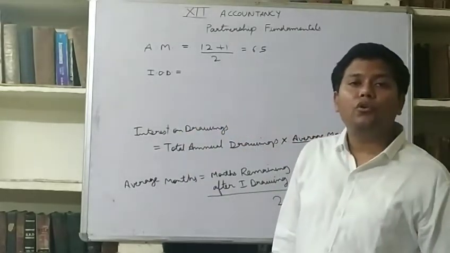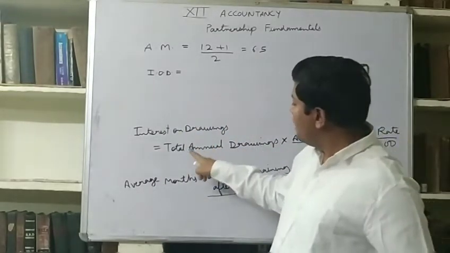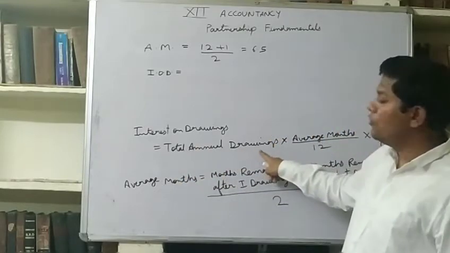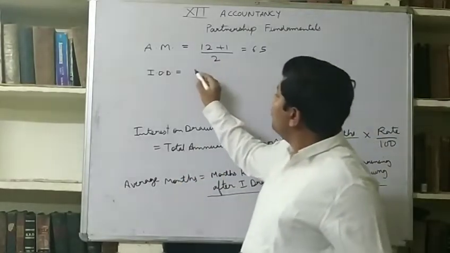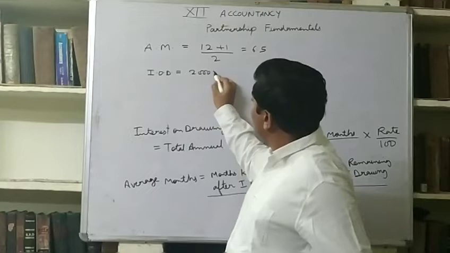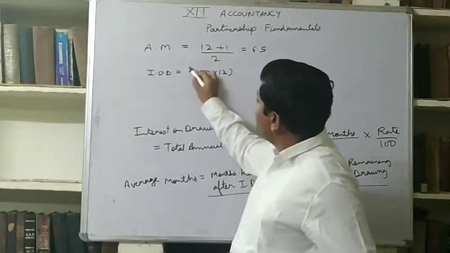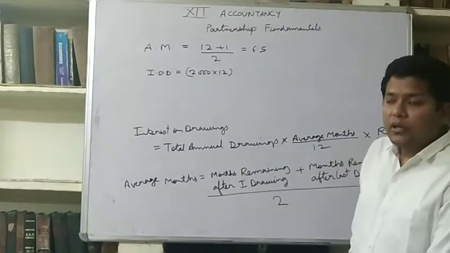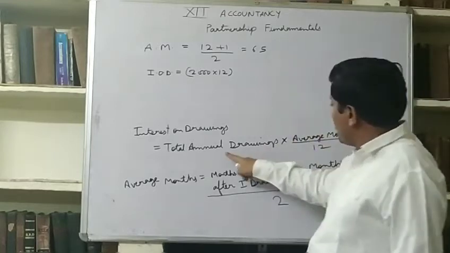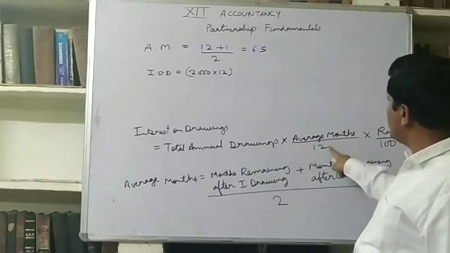So in this example, interest on drawing will be calculated as follows. He withdrew 2000 per month and we need total annual drawings. So 2000 per month, annual drawings come to 24,000. Now in this formula, average months upon 12.